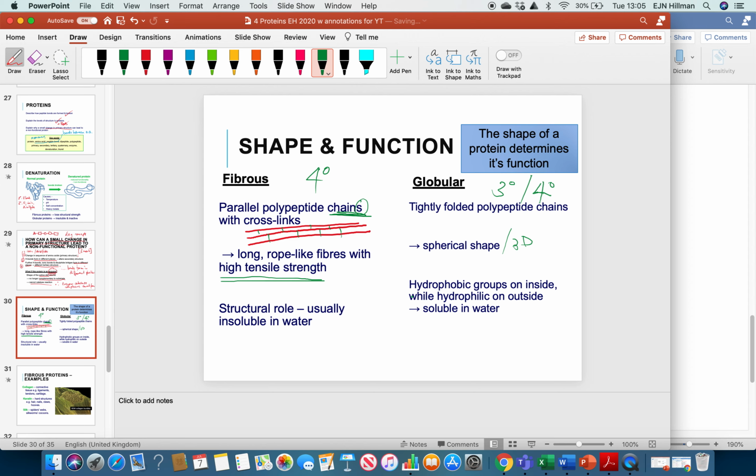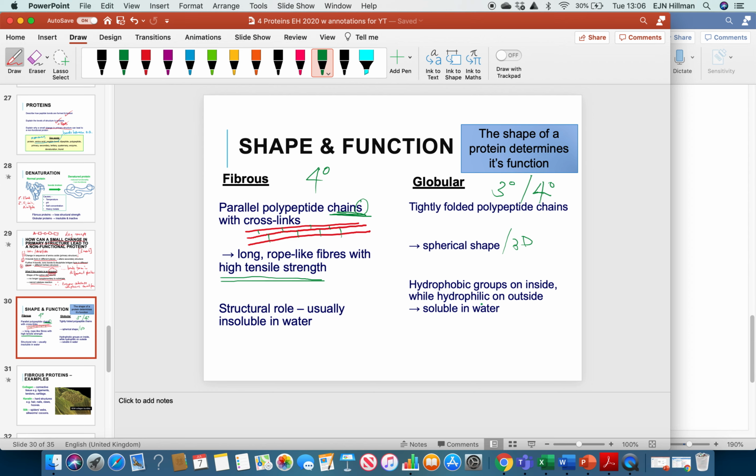And as we mentioned in the bonding video that I did in here, they may have hydrophobic groups on the inside of the protein, avoiding any water in solution surrounding them, with hydrophilic, water-loving R groups on the outside. So hydrophobic R groups on the inside, hydrophilic R groups on the outside, and they tend to be soluble in water.